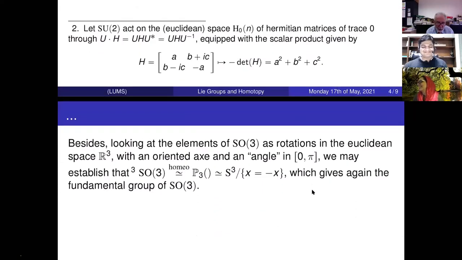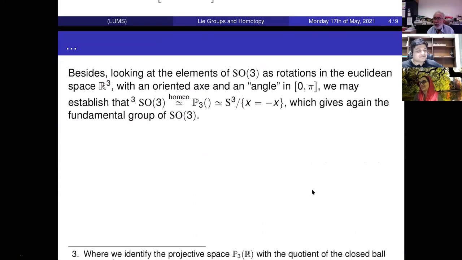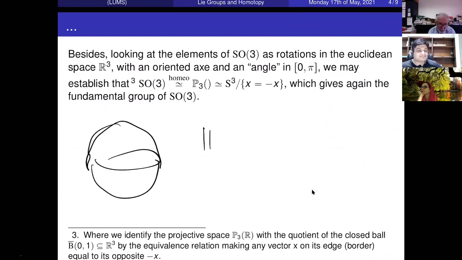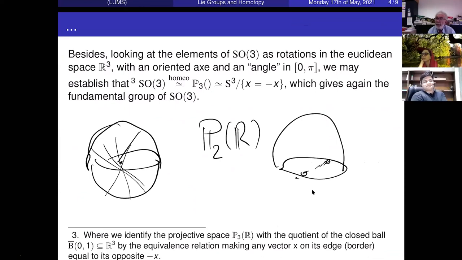So what is nice also to see is the following. SO3 is homeomorphic to the projective space of dimension 3. Why? Because usually, let me show you something. P2 of R is usually made by all the lines inside R3. So you can take just half of the sphere, or half the sphere is exactly a disk in which you can get these things identified.